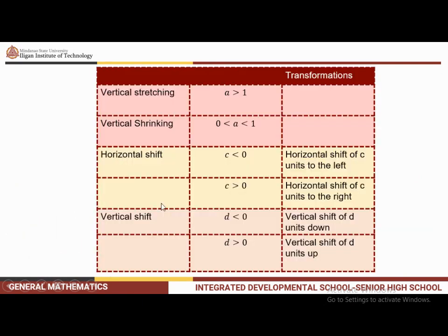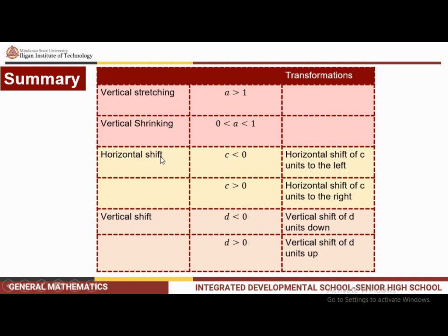Okay? So for our summary, for vertical stretching, our A here is greater than 1. That's the behavior of our graph, the transformation, I mean. Vertical shrinking is when our A is between 0 and 1.